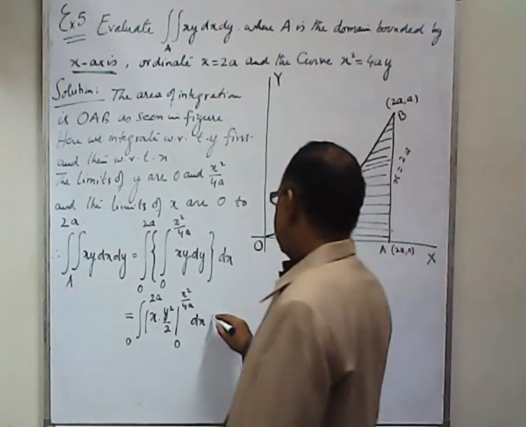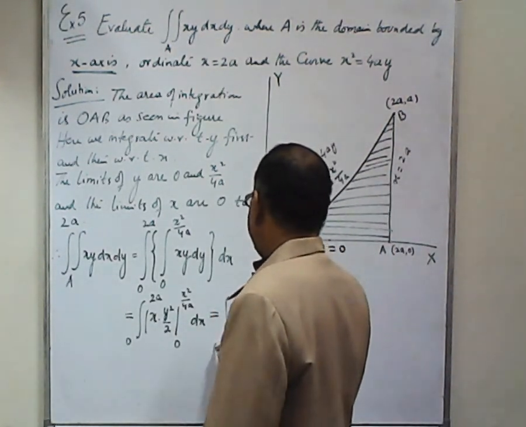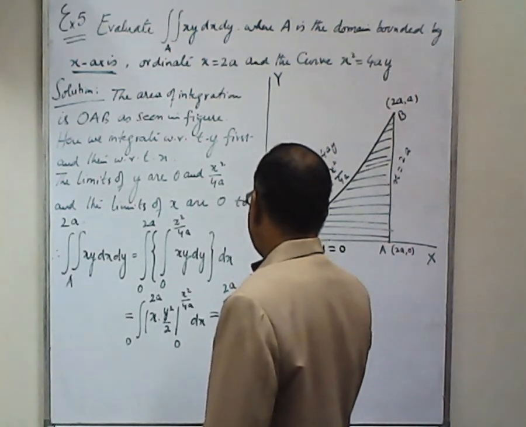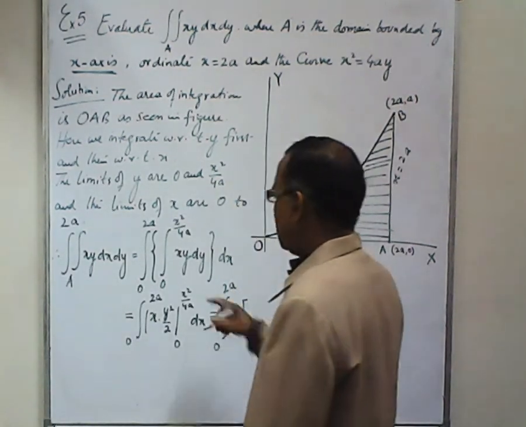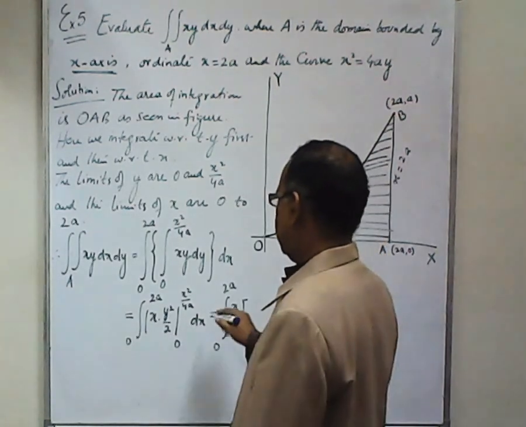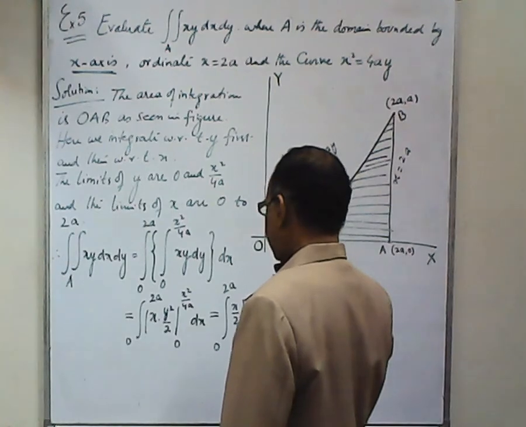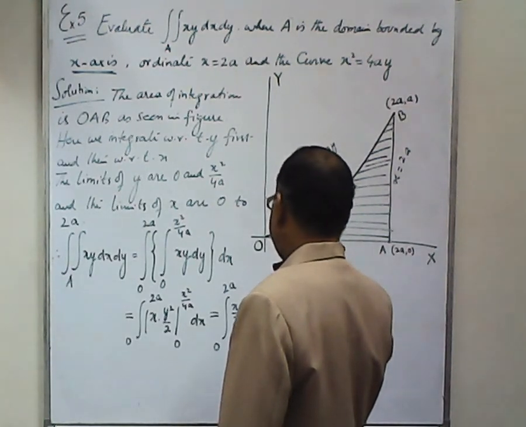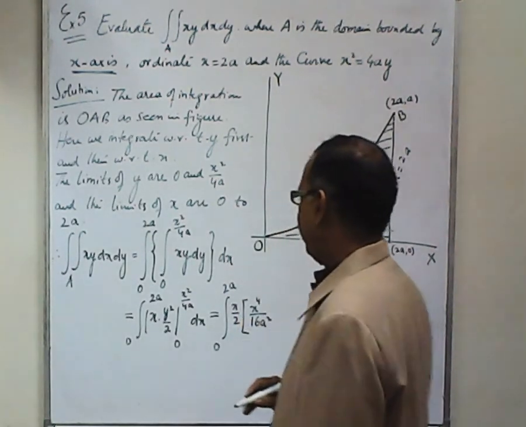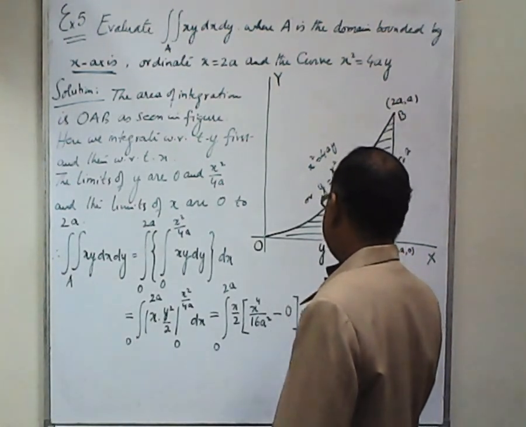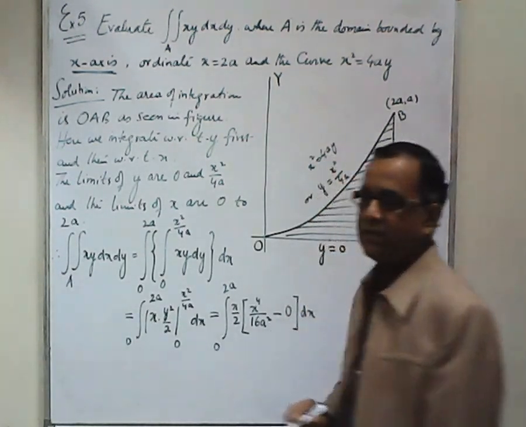Substituting the upper limit, it becomes x power 4 upon 16a square minus 0, dx.